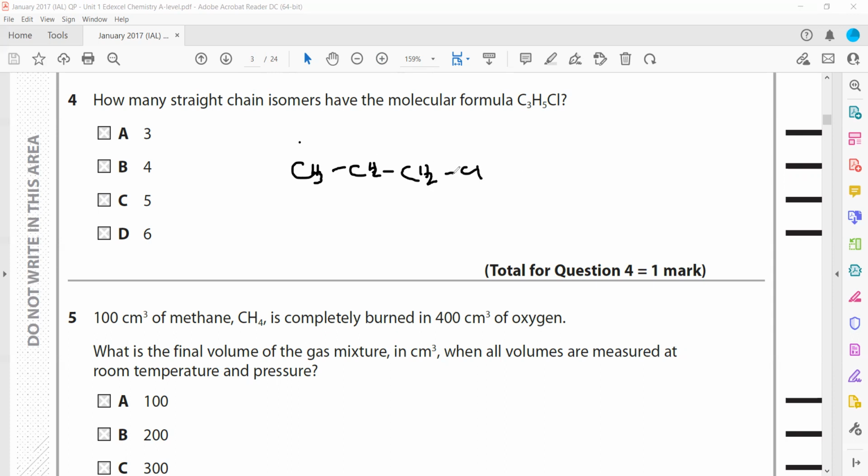Even if I attach the chlorine to the other side, it will remain as one, either on the right hand side carbon or the left. Then I change the position of the chlorine to the second carbon. This is the second possibility.